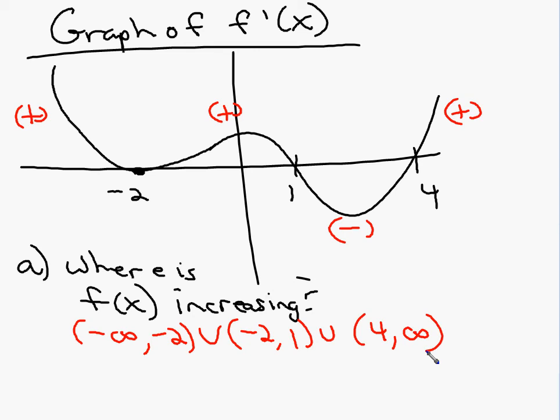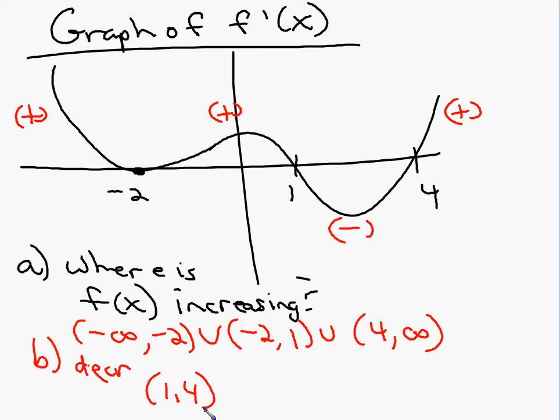All right. Where is it decreasing? That's easy. It's decreasing from 1 to 4. Now, how about extrema? What if they asked you for where the maximums and minimums are just from what they've given you here?